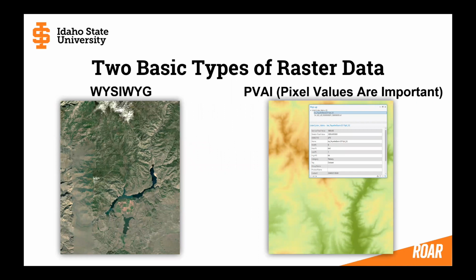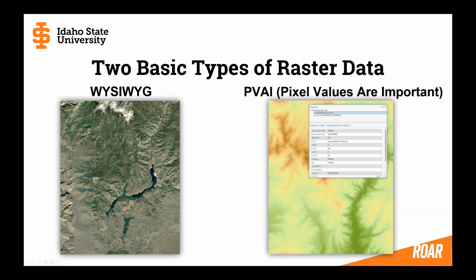The two basic types of raster data that I'm going to be talking about: what you see is what you get. There's a screenshot of some NAIP aerial imagery, and it is what you see is what you get. Greens and browns and dark water types of things, a little bit of white we can see up on the mountains here.